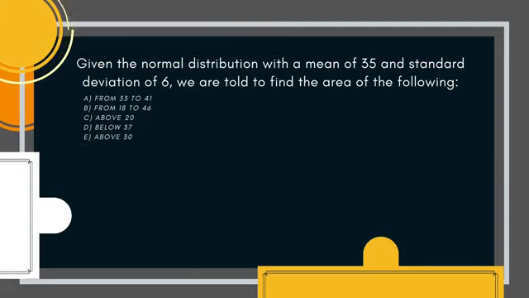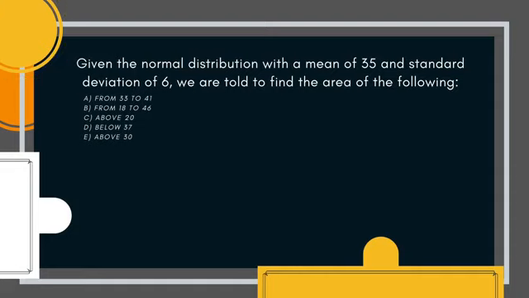So for our first problem, given the normal distribution with a mean of 35 and standard deviation of 6, we are told to find the area of the following: A from 33 to 41, B from 18 to 46, C above 20, D below 37, and E above 30.